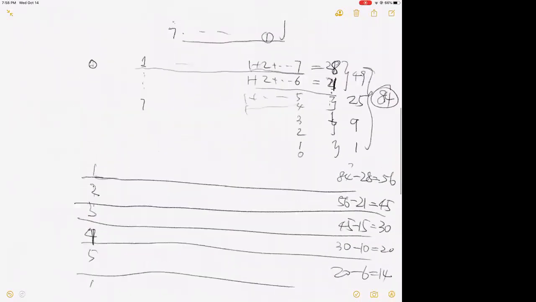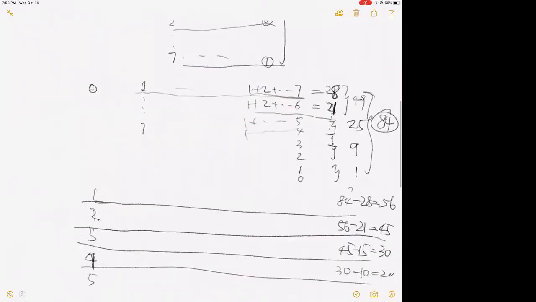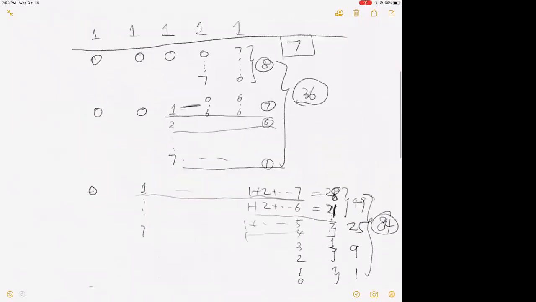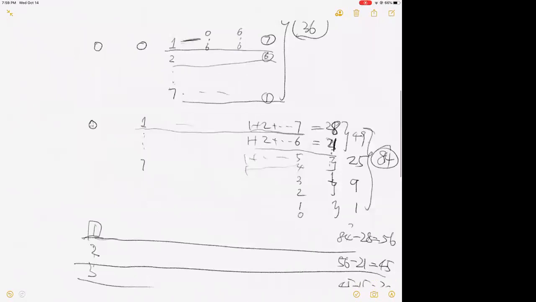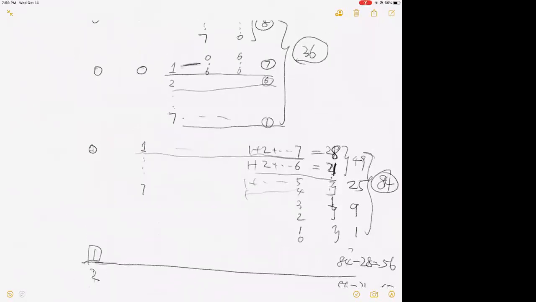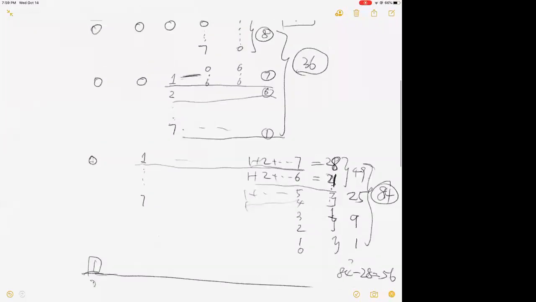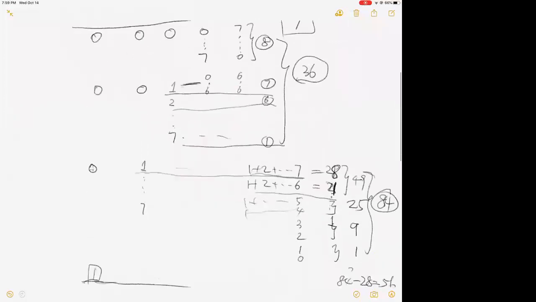So when you have 1, it means the remaining ones, you will have up to 6, right? So it's 1, adding up all the way to 6, right? So then W can go from 1 to 6.